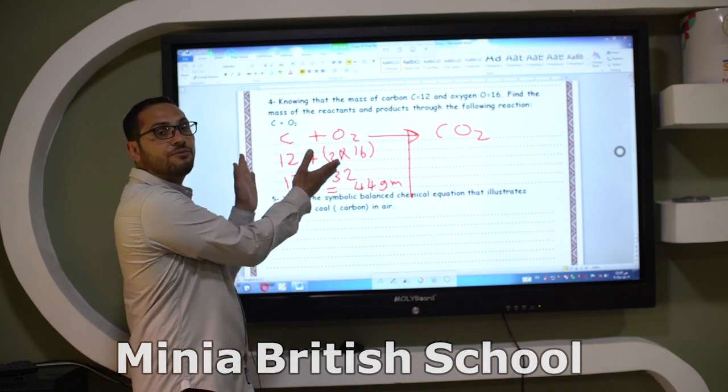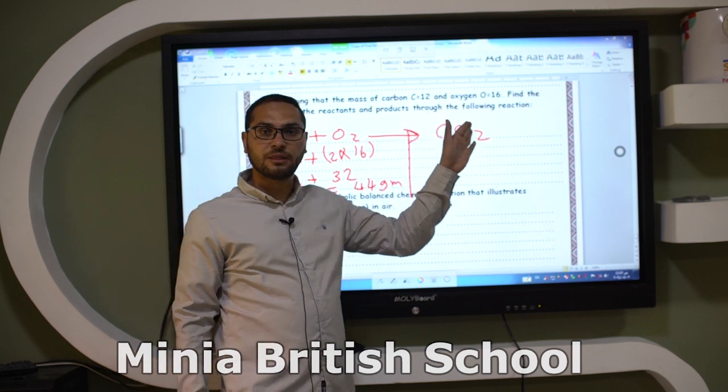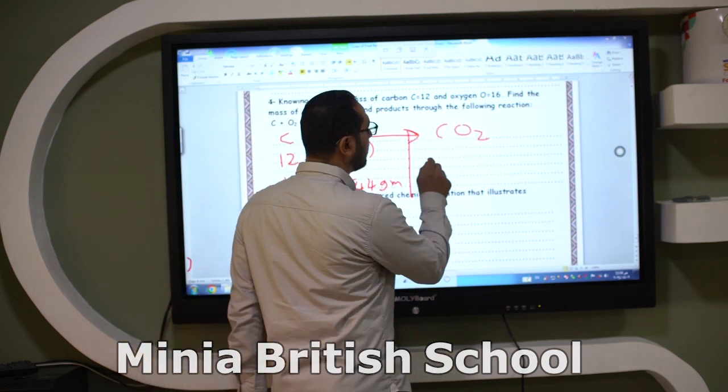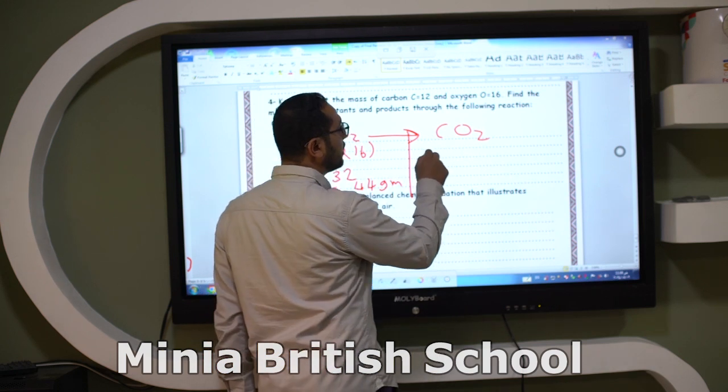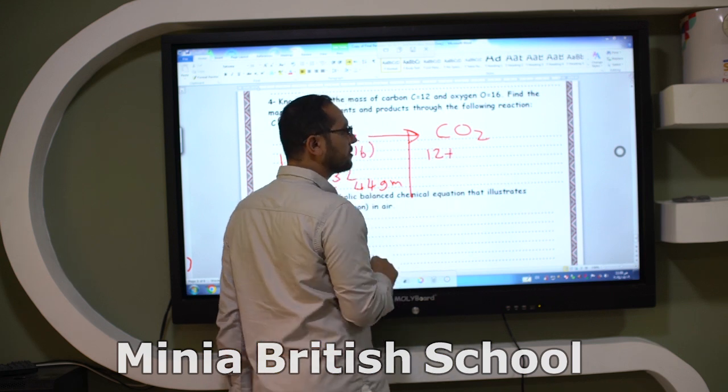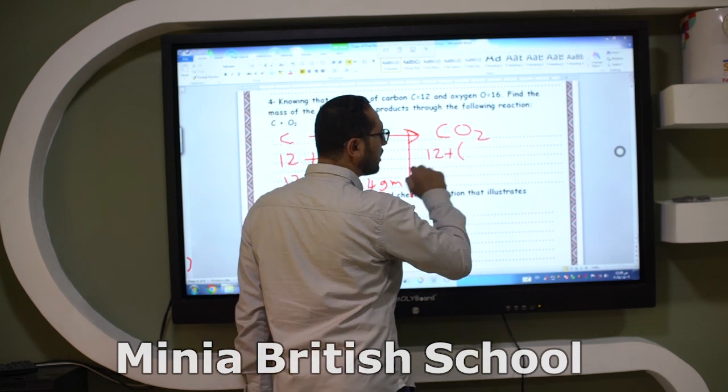Okay, now we will calculate the masses of products. Okay, this is the masses of reactants. Now we will calculate the mass of products. Pay attention here. Carbon, its mass is 12 plus oxygen.